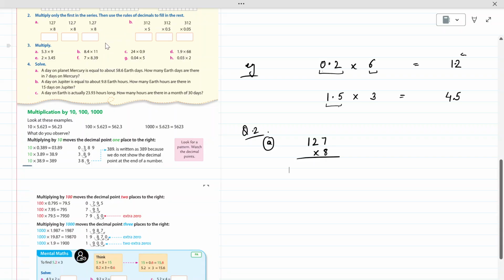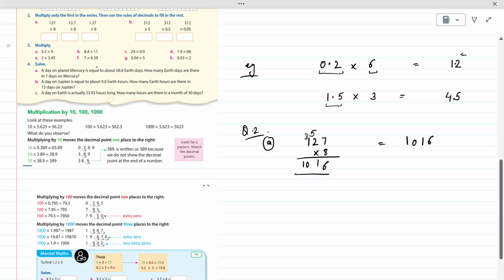The rule is simple: we have to see how many places of decimal there are, and in the product we have to write the decimal point after the same number of places. Okay, so in the given question, we have to calculate 127 multiplied by 8. So 8 into 7 is 56, 8 into 2 is 16, 16 plus 5 is 21, 8 into 1 is 8, 9, 10, 1016.